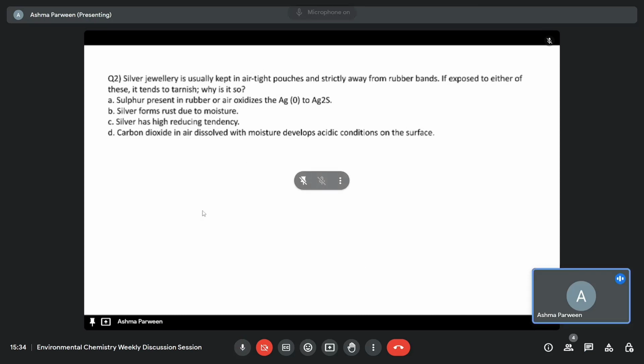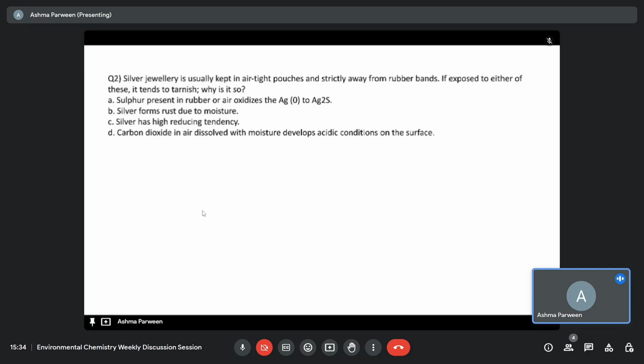Okay, I got one answer as A. So A is the correct option. What happens is the sulfur which is present in rubber band or air oxidizes the silver to Ag2S, and due to this the tarnishing of the silver takes place.